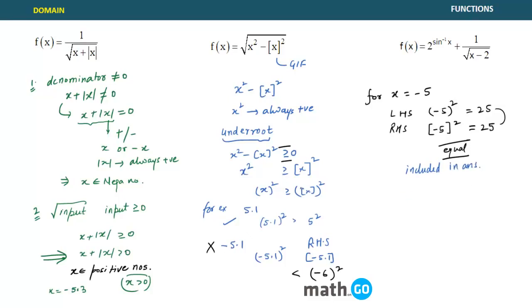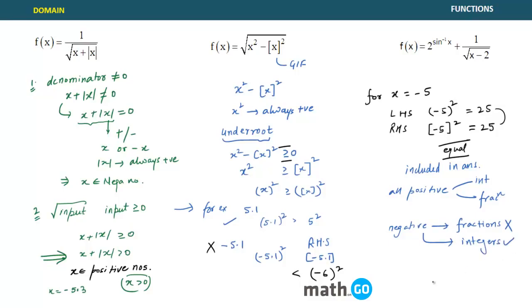So what will be the answer then completely? First of all, all positive numbers are satisfying, whether they are integers or mixed fractions. For example, we have checked 5.1, and 5 will also satisfy because both sides will become 0. What about negative numbers? Negative fractions are not getting satisfied, but negative integers are satisfying your answer.